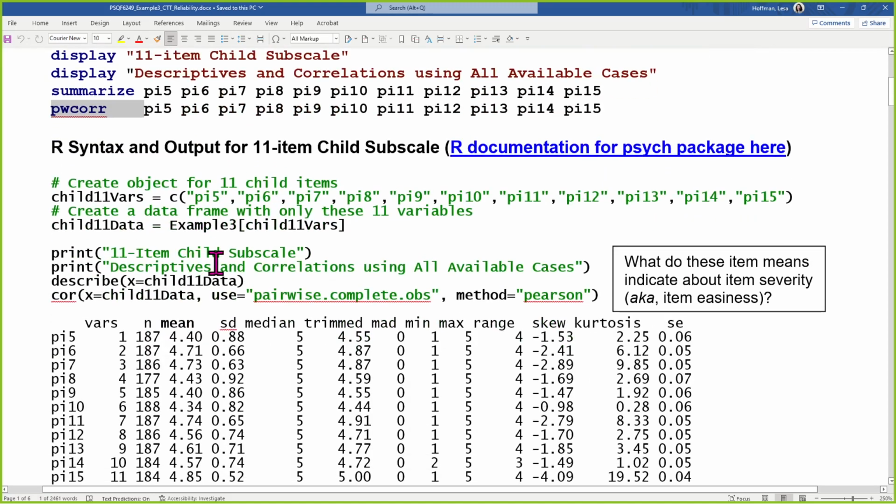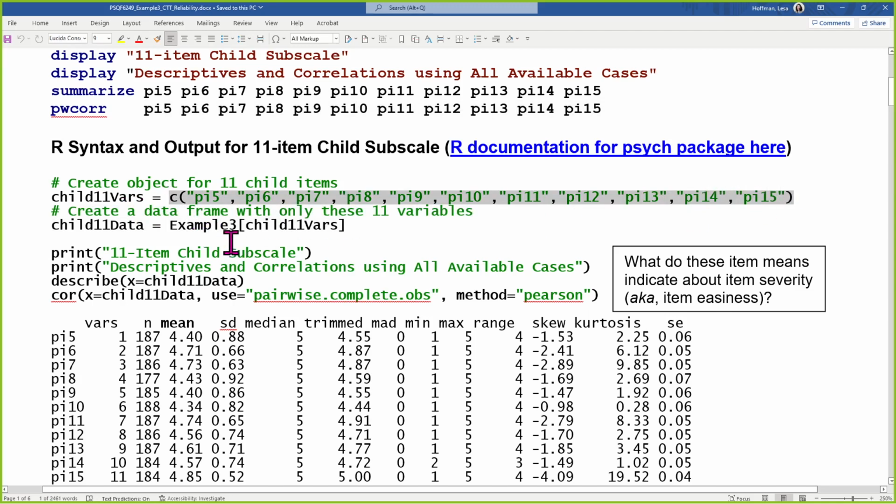In R, I am doing the same thing, albeit in a roundabout kind of way. Rather than listing in the function in R what items I want to include, it's easier to create a data set that only has those items. So that's the first thing that I did. So I created a new object that is the concatenation of all of those item names.